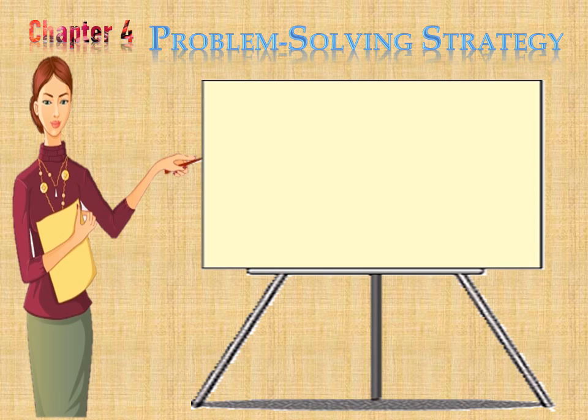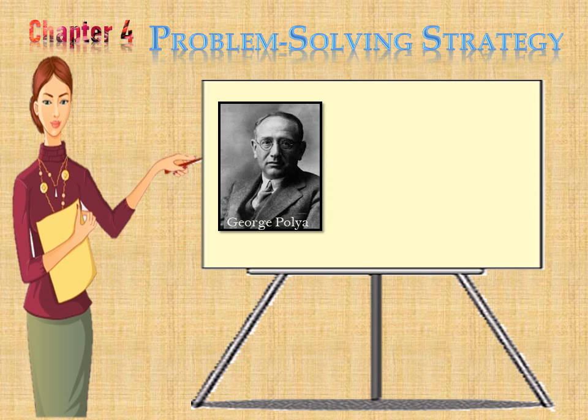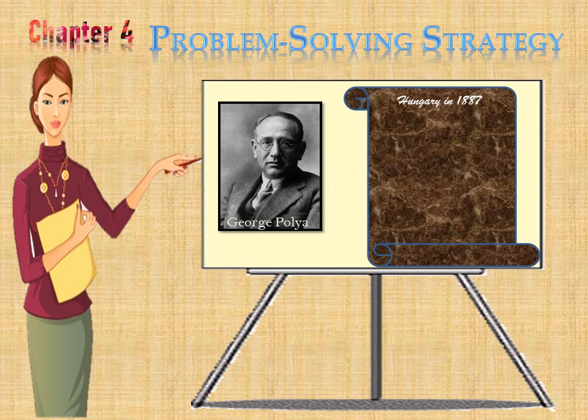One of the foremost recent mathematicians to make a study of problem solving was George Polya. He was born in Hungary in 1887, received his PhD at the University of Budapest, and was a professor at Stanford University.